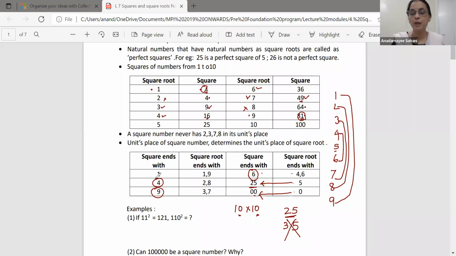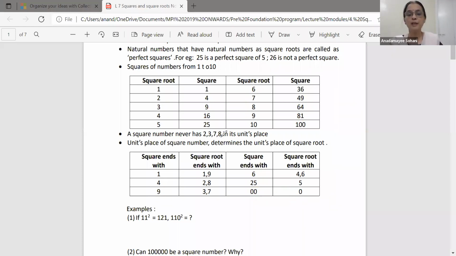So looking at the units place of the square, we always come to know what comes in the units place of the square root. And in this whole thing, have you noticed that these 4 digits are not coming anywhere in the units place? There is no 2, no 3, no 7, no 8 in the units place of any square number.